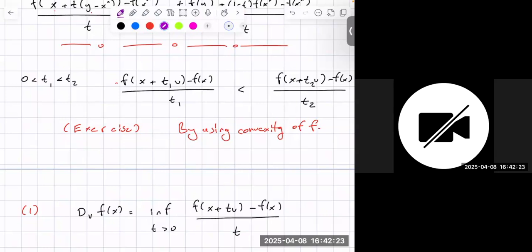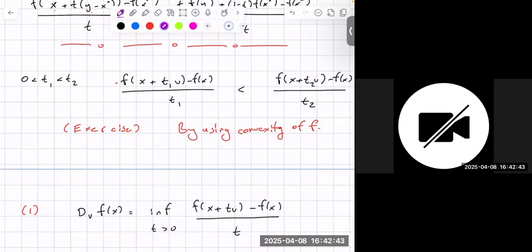Knowing that, this expression gets the smallest as this number goes to 0. So literally the limit going to 0 from the right that we were talking about is the same thing as taking the infimum, because it's always decreasing. It's super monotonic, super nice.